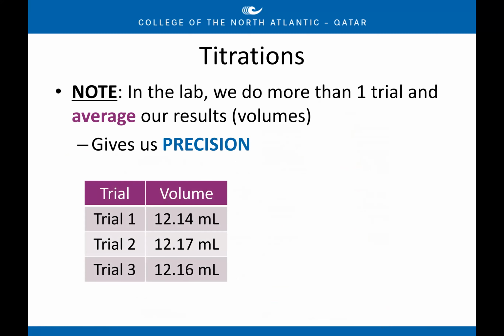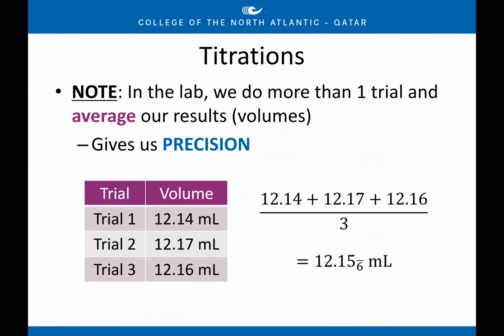Two things I'll mention. In a real experiment, not in the course or in your notes, you don't just do one titration. When you're in the lab next week, you will be looking at titrations, and you will be doing maybe 1, maybe 2, maybe 3 titrations. I think the way the lab works is you have to do it at least 2 times, and maybe a third if you have an issue.